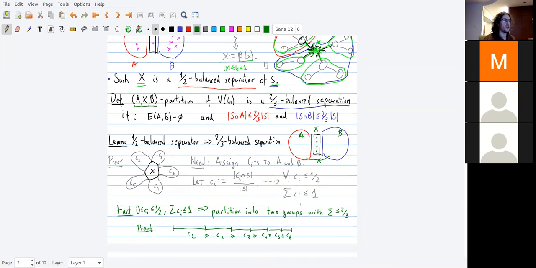Such a separation is 2/3 balanced for my set S if I see at most 2/3 of the vertices of S on the left side and at most 2/3 of the vertices of S on the right side. So now I would like not to have just the separator and every connected component to be small. I actually want to have a separator together with a partition into left and right, so that I do not have all the vertices of S on one side.